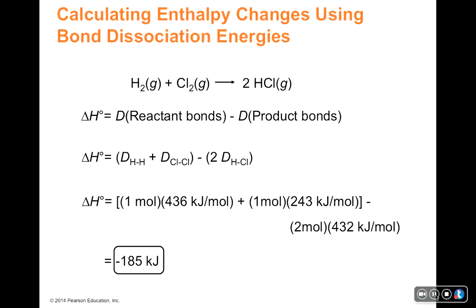So that applies to this type of calculation as well. What you see here, the reactant bonds, we have hydrogen and chlorine. So we have 1 mole of hydrogen, 436 kilojoules per mole, and 1 mole of chlorine at 243 kilojoules per mole. Those are our reactant bonds, and then we subtract off the product bonds that are forming. And so there we have the 2 moles of hydrochloric acid, or the HCl bond.